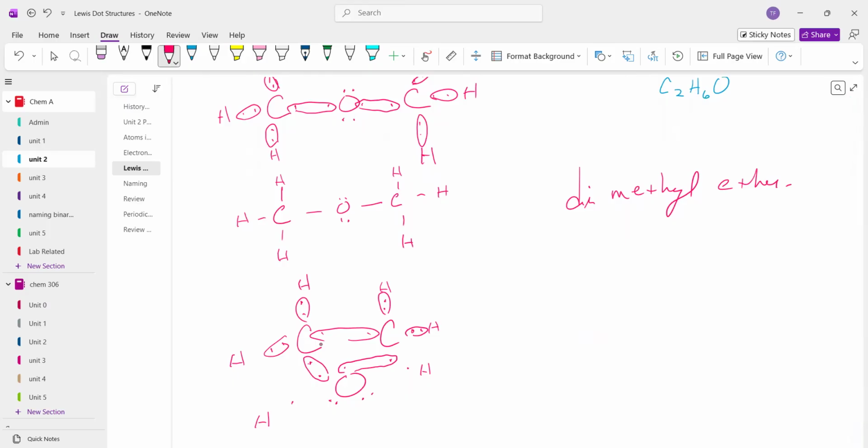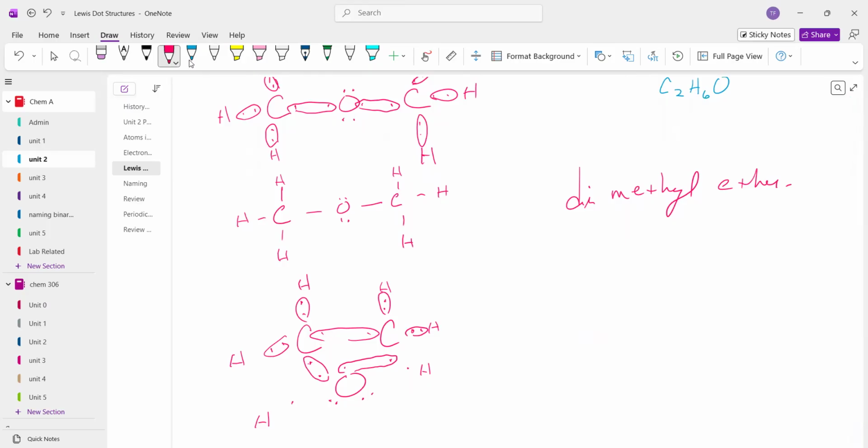So what's going on? Yeah, we don't have enough dots to go around. So will that cyclic structure work? We didn't accommodate all the hydrogens.